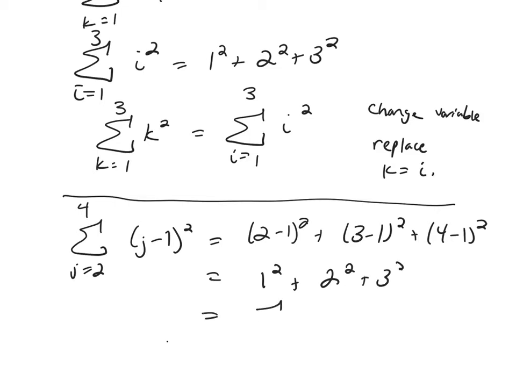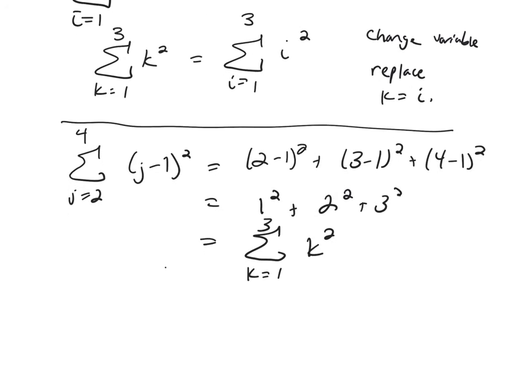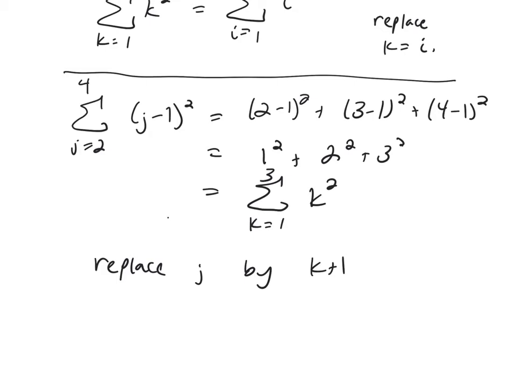This is also the same thing as the sum of k squared. And what kind of change of variable have I done? I've replaced j by k plus 1. So if you plug in j equals k plus 1 into the original sum here, the result would be the one that you get on the right.